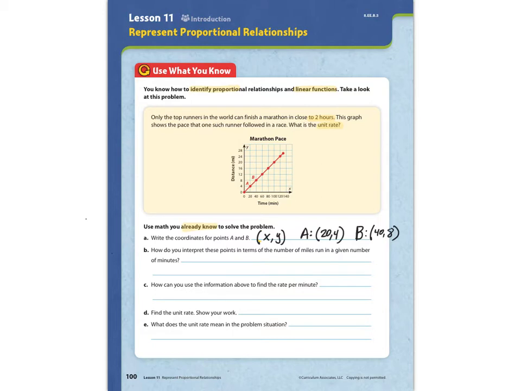Now it says, how do you interpret this point in terms of the number of miles run in a given number of minutes? So what this question is asking you is to put the information into context. So what does it mean, interpret, okay?